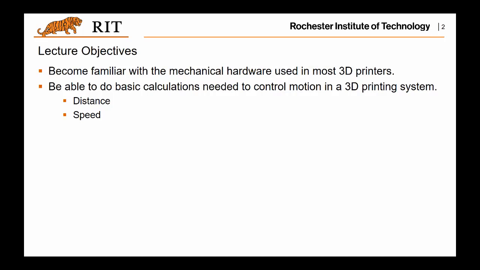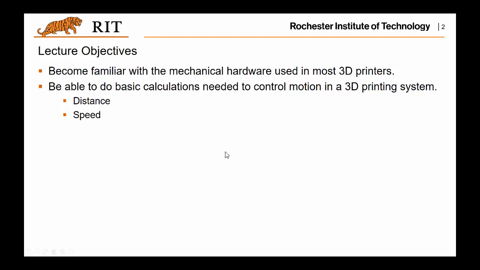Basically, the objective is to get more familiar with the mechanical hardware utilized in most 3D printers, and also to do some basic calculation to control the motion of those 3D systems, specifically the distance and the speed, because those are the critical parts for a 3D printing process.